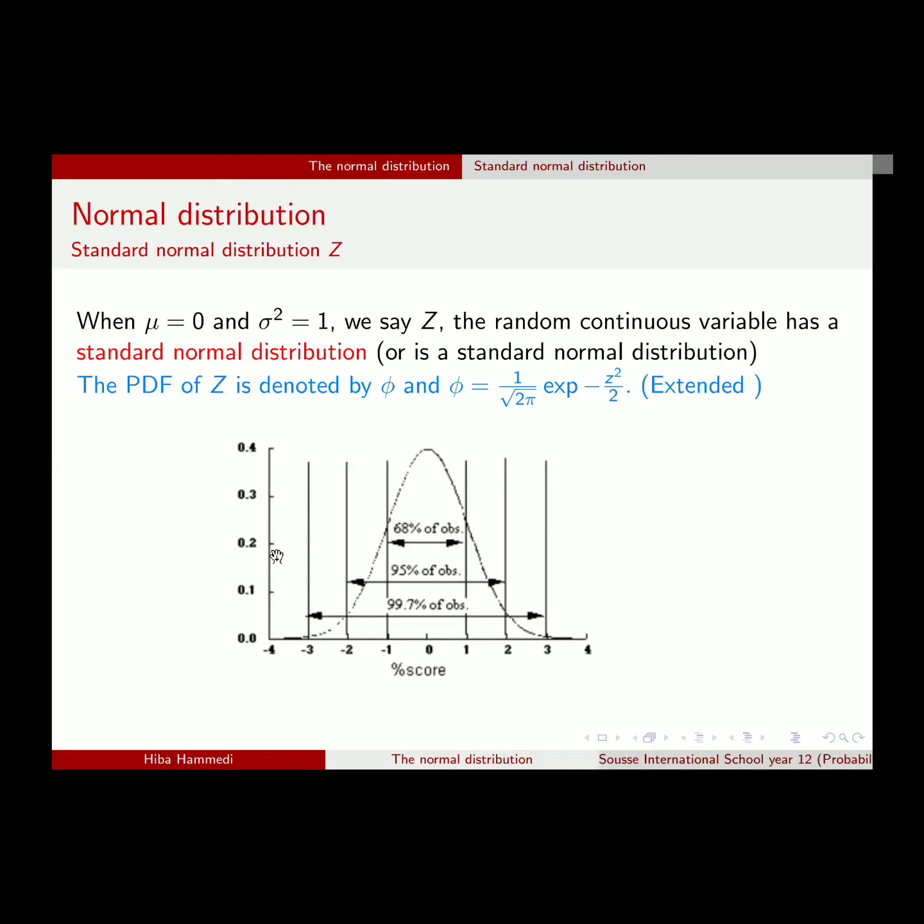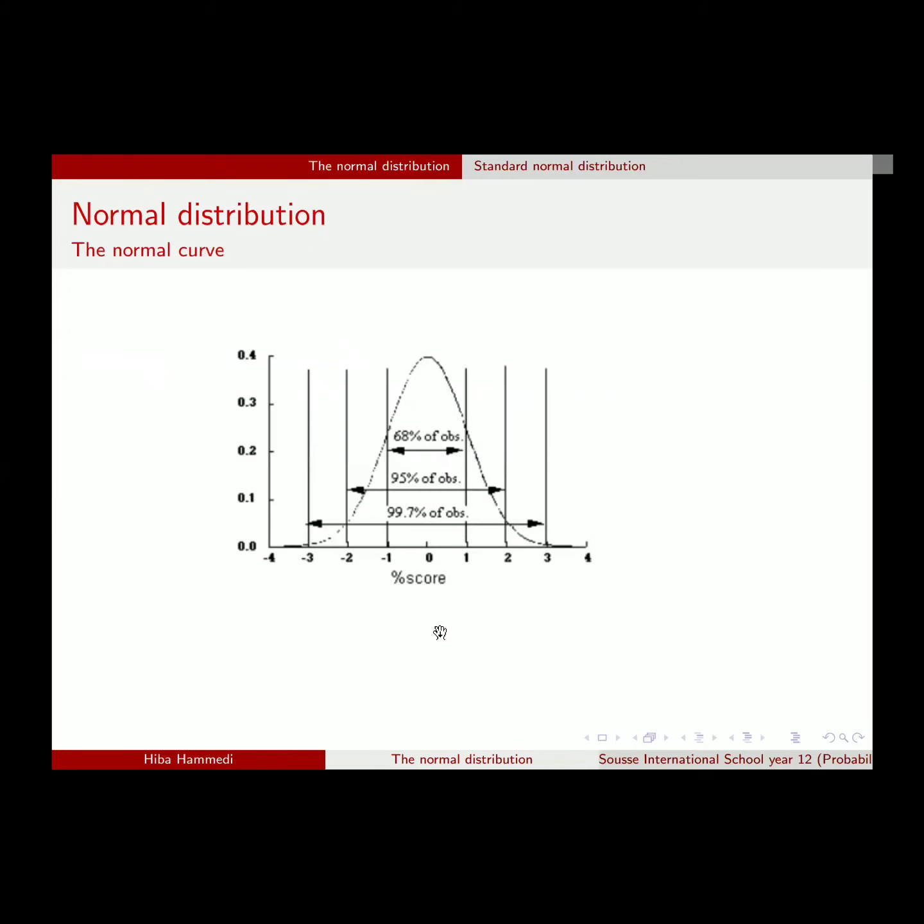And this is the graph for the standard normal distribution. As you can see here, the mean is equal to 0, and you have the same percentages that we've talked about previously.